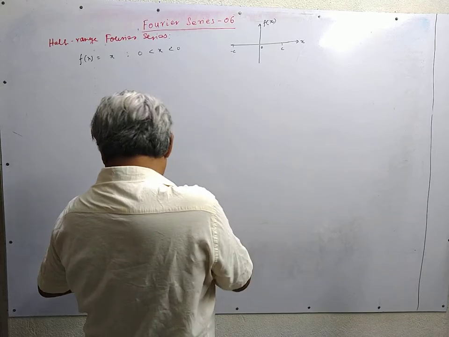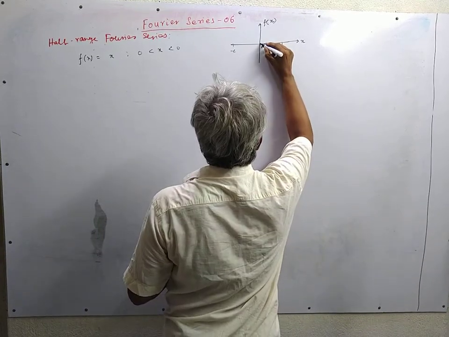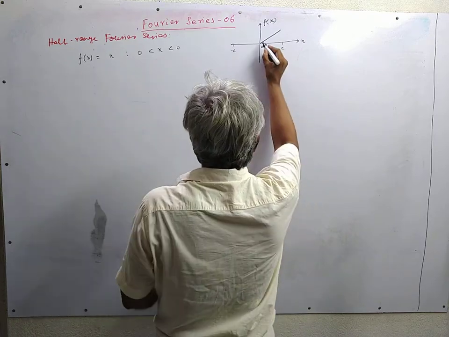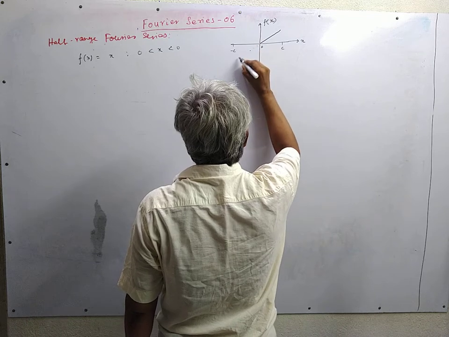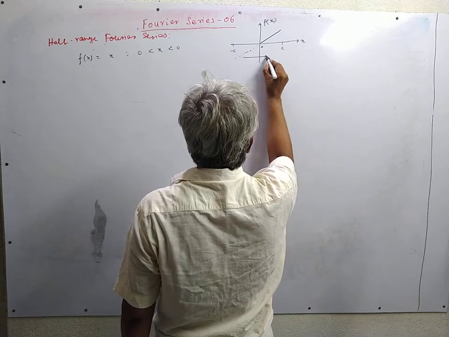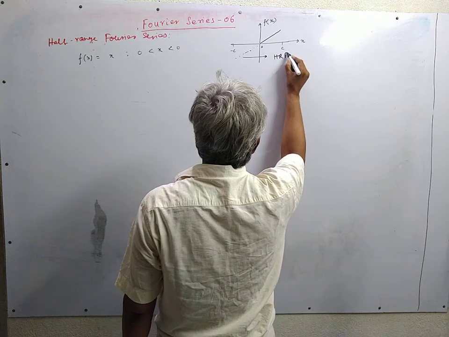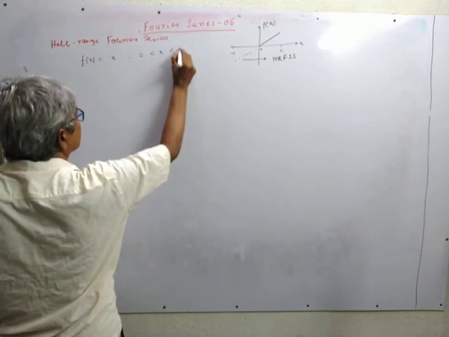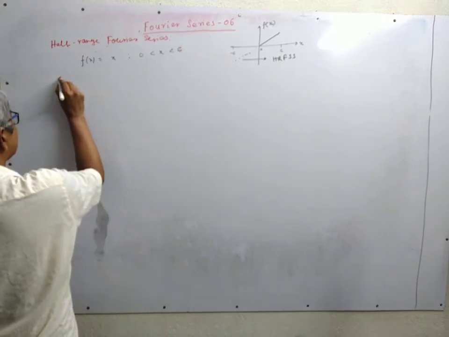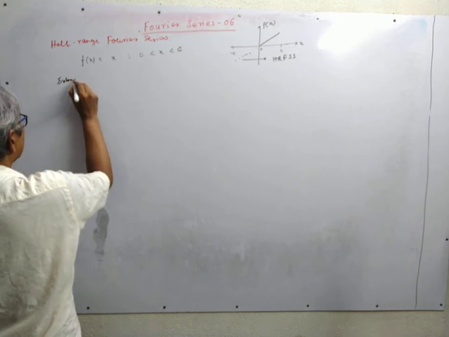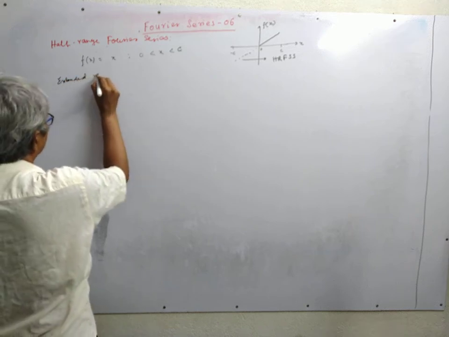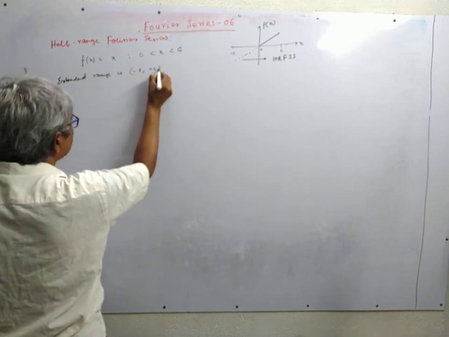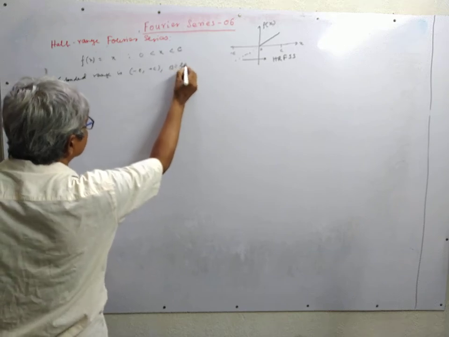If we expand it in Fourier sine series, then this is the extension of the function in half range Fourier sine series. So the extended range is minus c to plus c, giving delta equal to 2c.